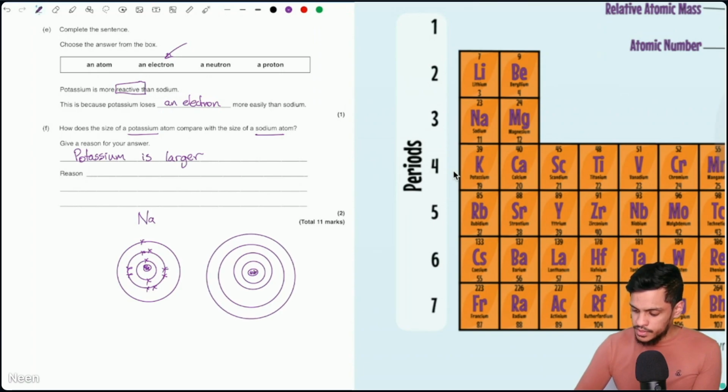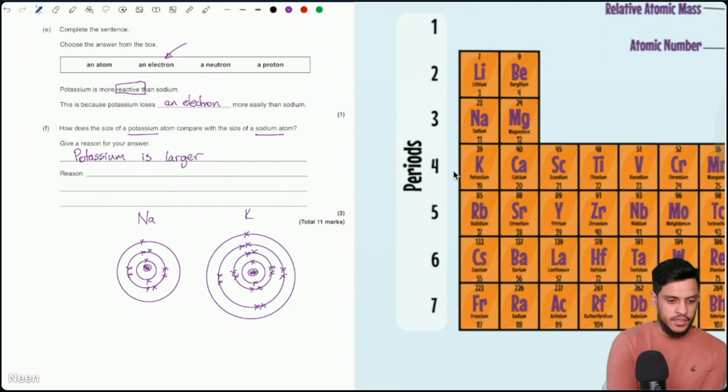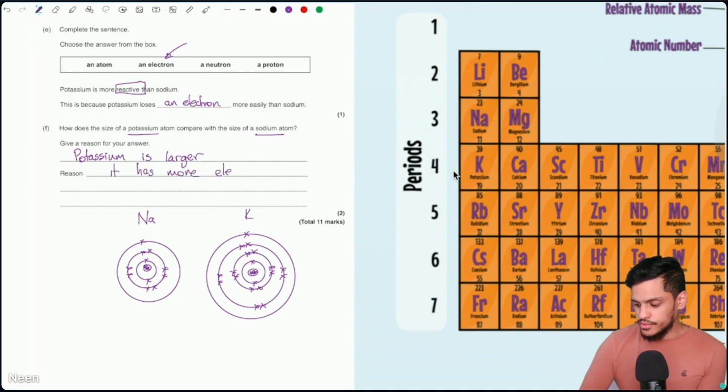So nucleus in the middle, 2, then you've got 8, 8, and 1. So the reason for that is it has more electron shells.